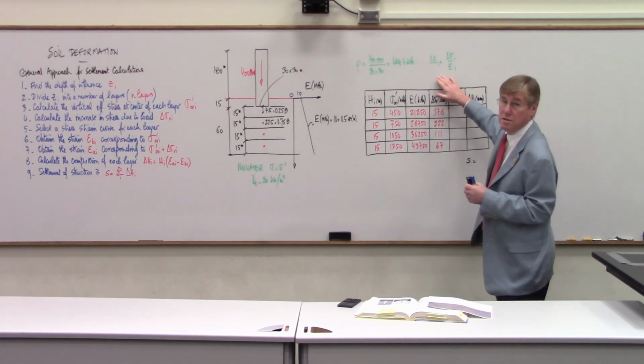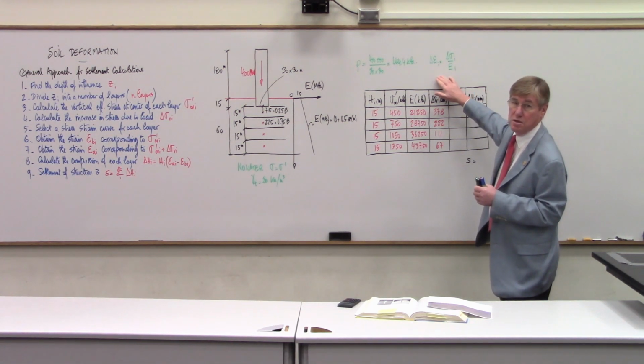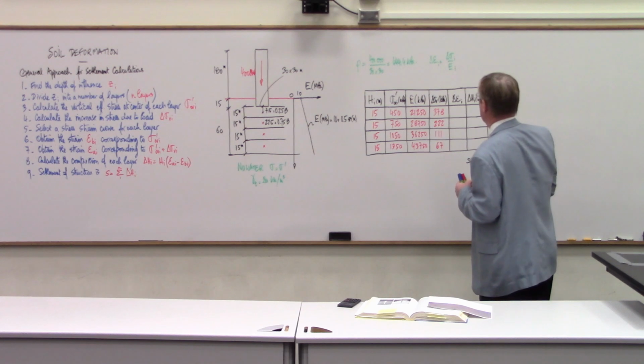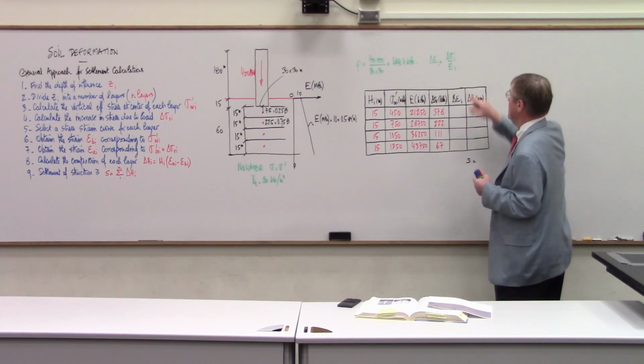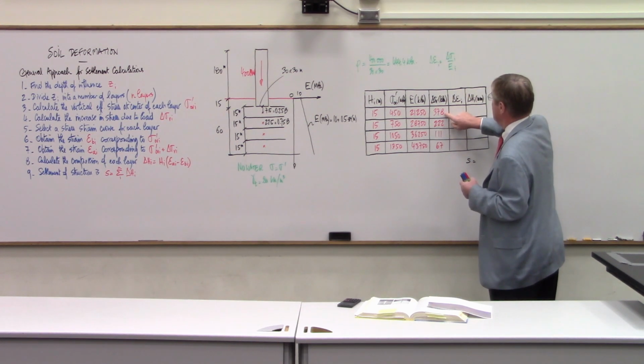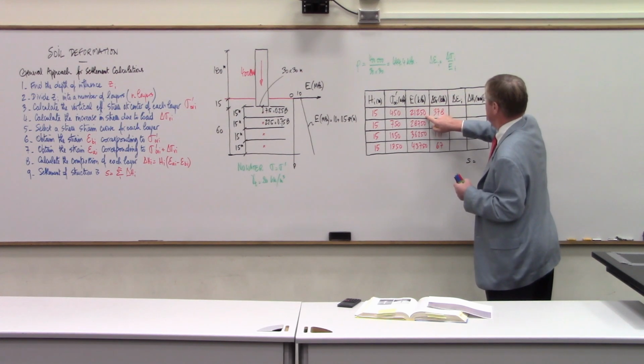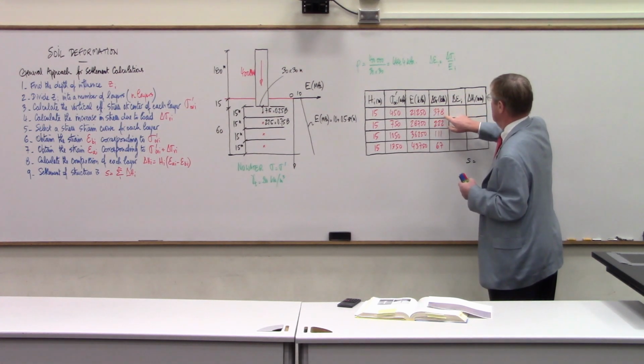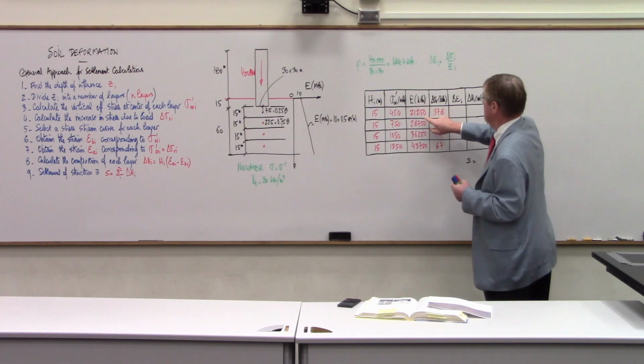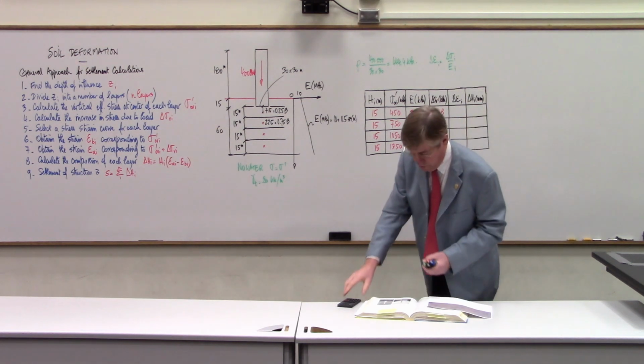We're neglecting this effect in this particular case to simplify the process. So delta sigma I is going to be right here, EI is going to be right there, so delta epsilon is going to be 378 divided by 21,250.